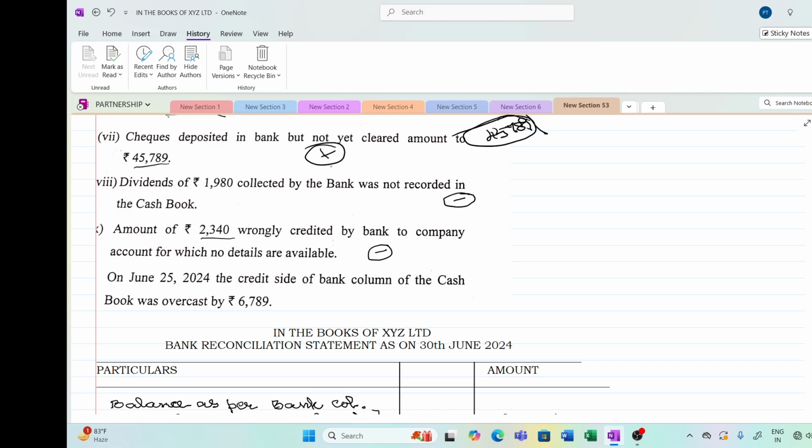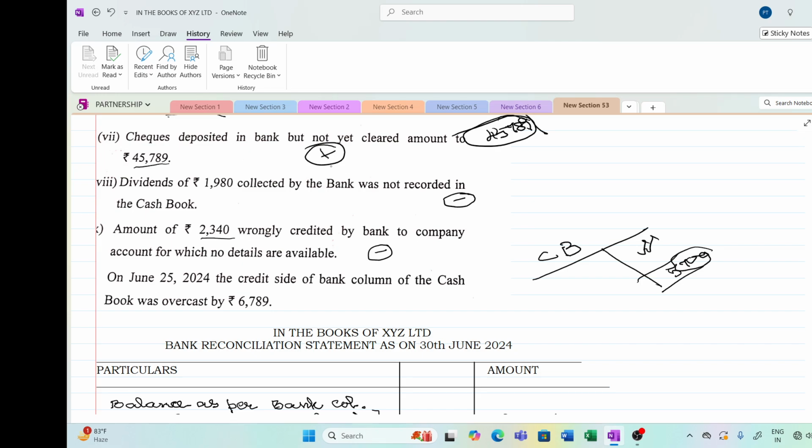Another one is cash book again. Cash book payment side column was overcast, means any moment you write something, you are increasing your overdraft balance, and when you total also, instead of totaling, for example, 5,000, if I total it as 5,700, so this 700 is my overcast. Overcast will also increase the overdraft balance as per cash book, but not as per bank statement.